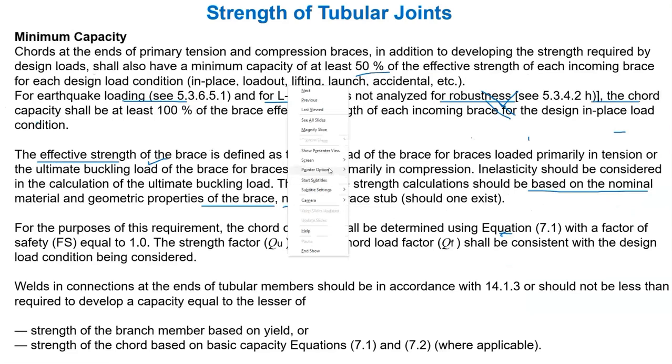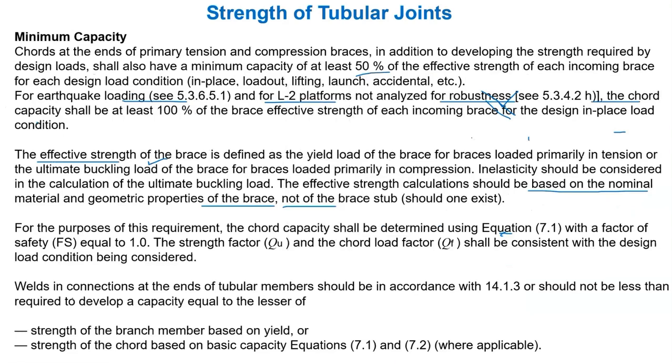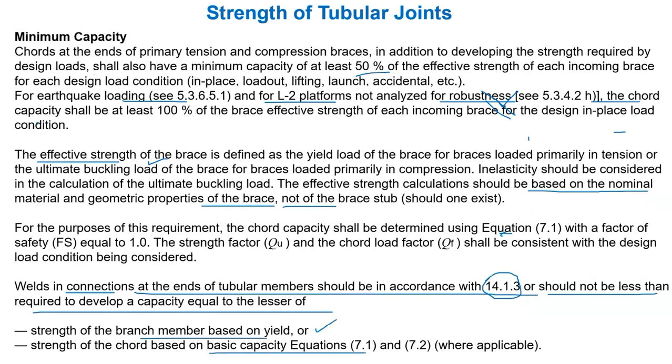Then the next one is welded connections. Welds in connections at the ends of the tubular member should be in accordance with these specifications. There is some welding specification that we will see, and it should not be less than required to develop a capacity equal to the lesser of the strength of the branch member based on yield, or the strength of the chord, basic capacity equations where applicable.